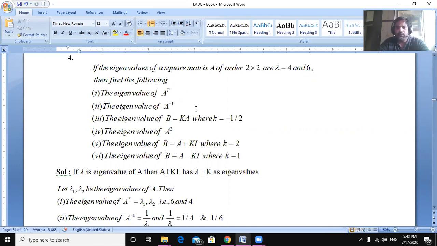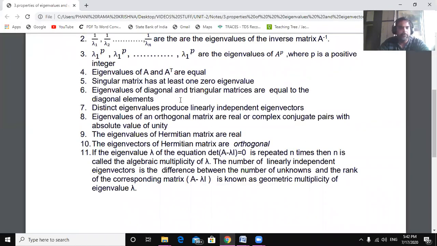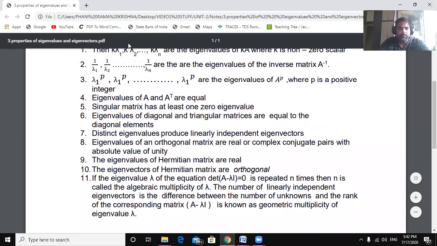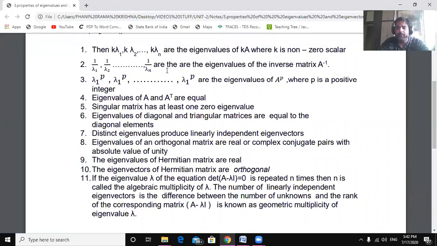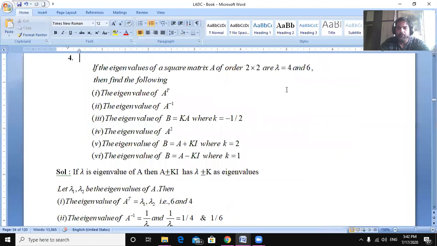The eigenvalues of A inverse: look at property number 2. If lambda 1, lambda 2 are eigenvalues of A, then 1 by lambda 1, 1 by lambda 2 are eigenvalues of A inverse. So the eigenvalues will be 1 by 4 and 1 by 6. Then what are the eigenvalues of KA, where K is minus 1 by 2?